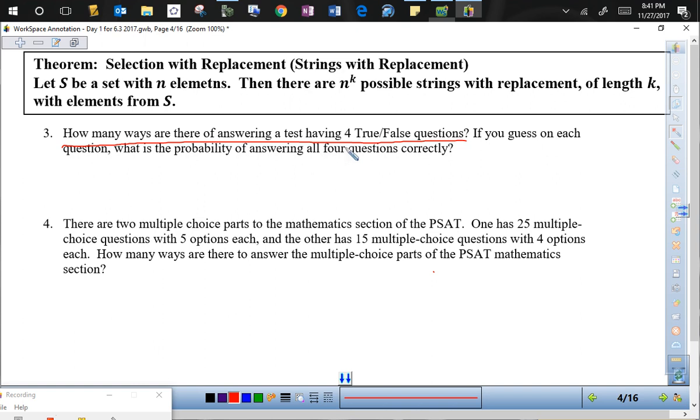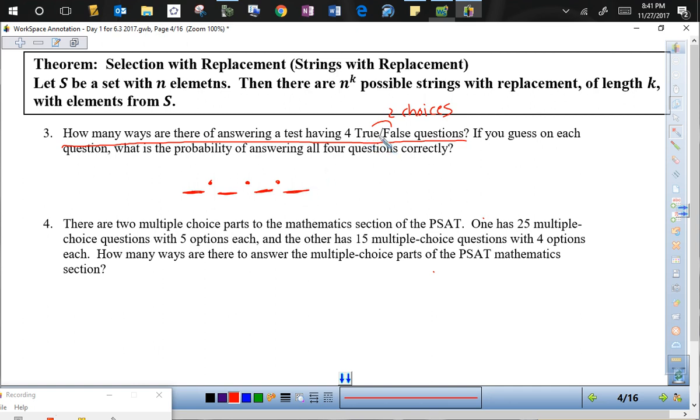What's different is all of our groups are true-false questions, so we've got two different choices here, and 4 total questions. Let's suppose we put little blanks here to represent our 4 different questions. I know it's multiplication because I want to do the first question and the second question and the third and the fourth.